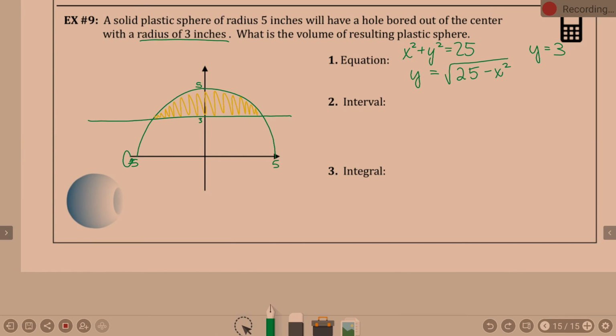Are we going to say 0 to 5 and multiply that by 2? Oh, wait. The section we're revolving, does it go all the way out to 5? Oh, it's where it meets. Don't worry, I fell for it too, if that makes you feel any better.